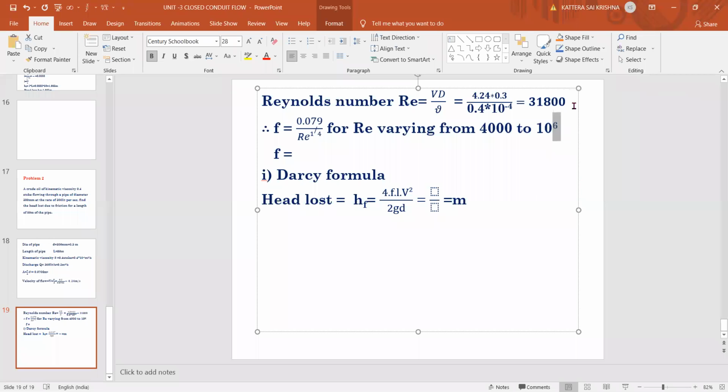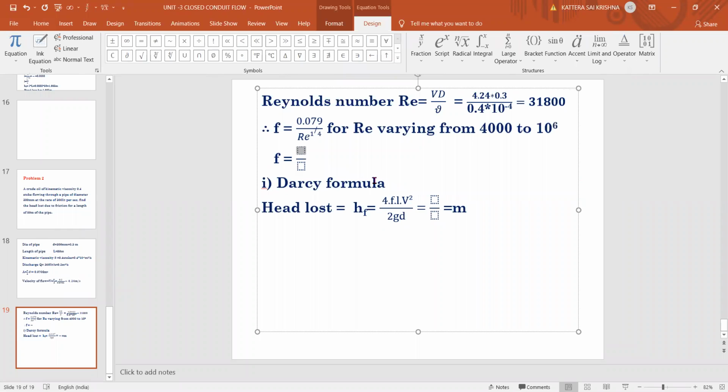It is greater than 4000, so f will become 0.079 divided by Re power 1 by 4. So now substitute 31800 in place of Re, we will find the f value. 0.079 divided by 31800 to the power of 1 divided by 4.